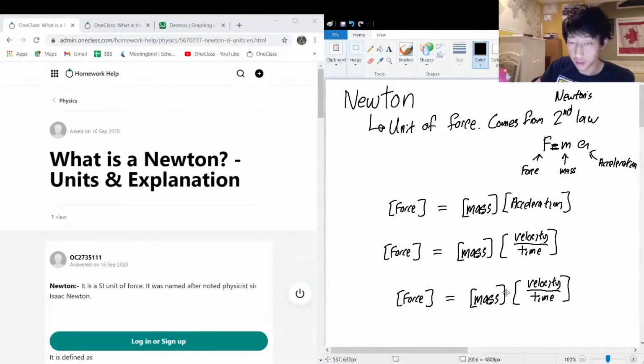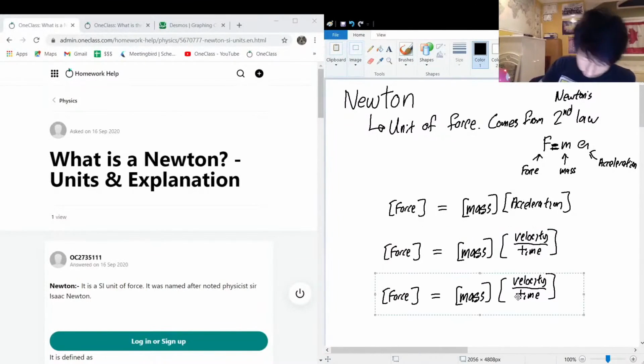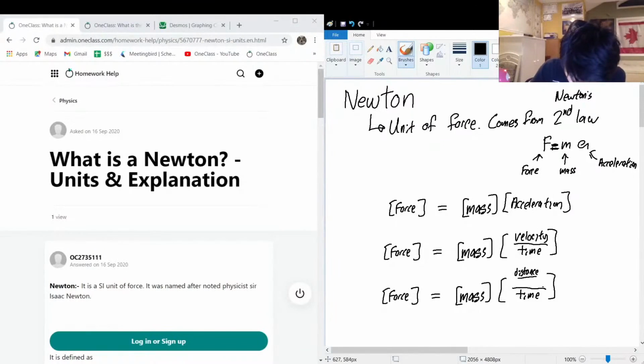All right, so we copy this down, and we know that velocity is just going to be distance over time.